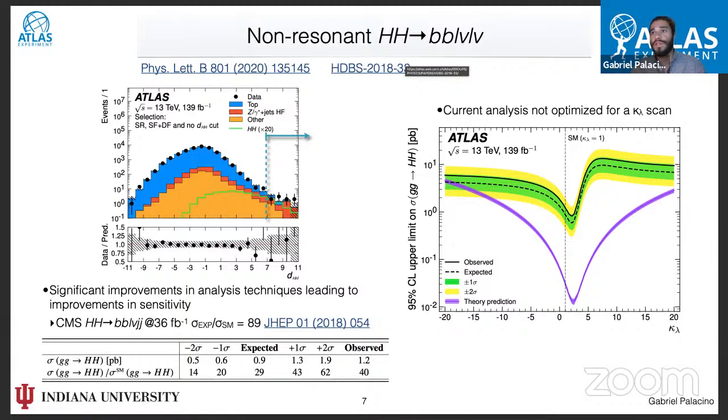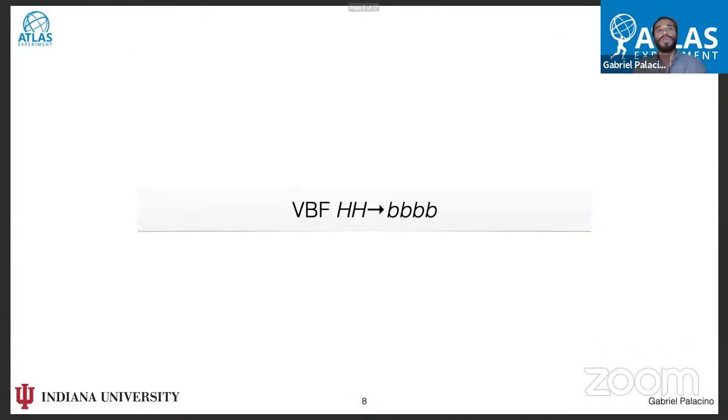As you can see here, it can't really give you any constraints on whether this coupling modifier actually deviates from the standard model or whether it is consistent with the standard model. And it's still not sensitive to the standard model either. As you can see, the observed limit is 40 times the standard model prediction, although the expected was a little bit better at 29.